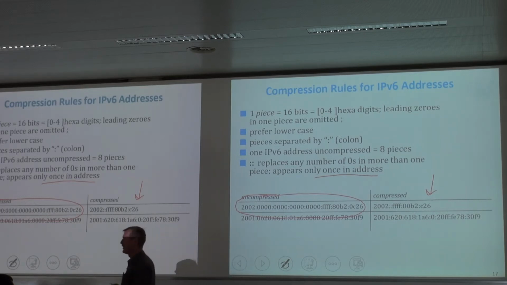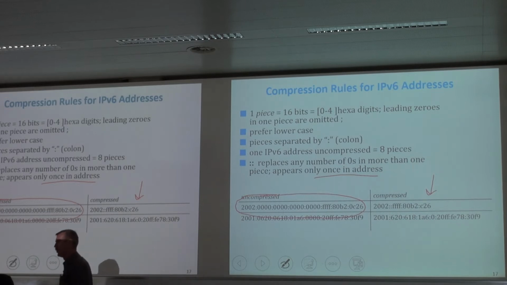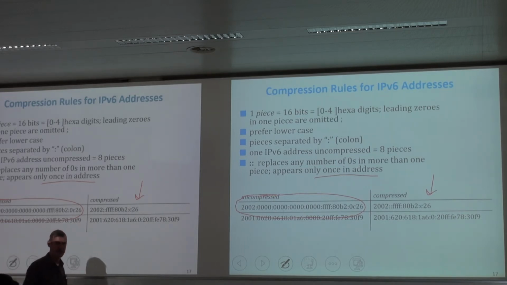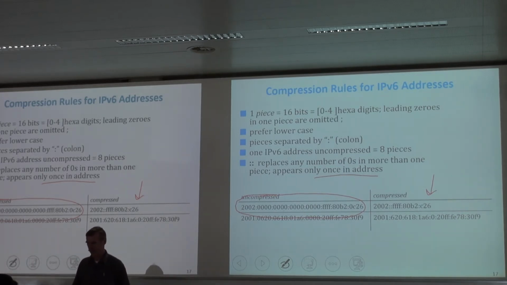Of course, this is for displaying addresses. When the computer acts or the router plays with addresses, it uses the full form, right? And this is not ambiguous because this IPv6 address has a fixed format, 128 bits, so we know exactly how many bits are missing in this part.